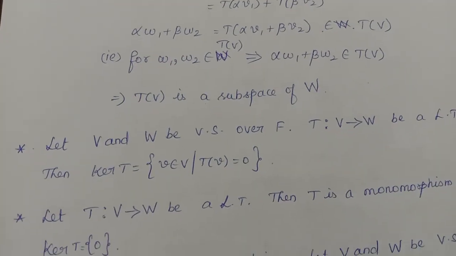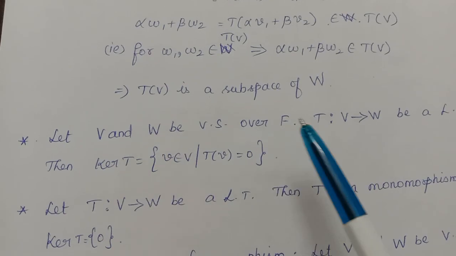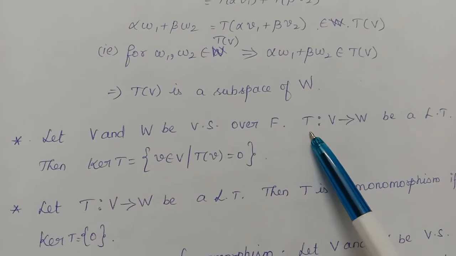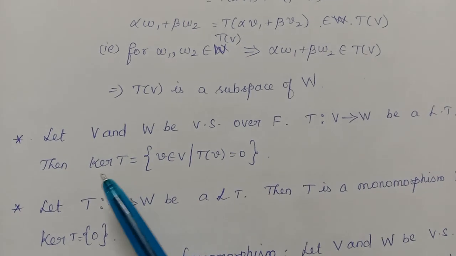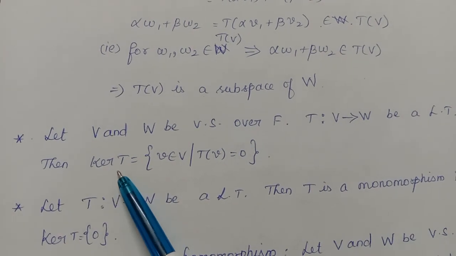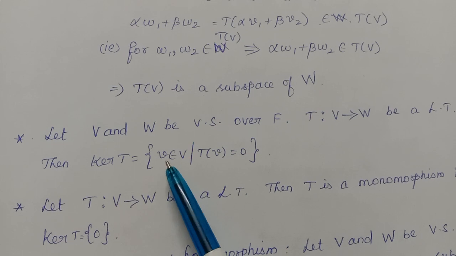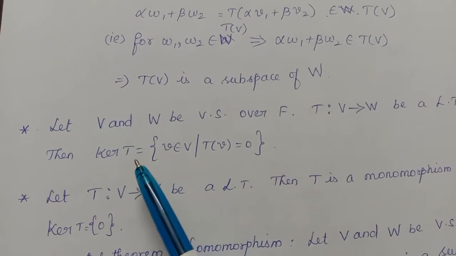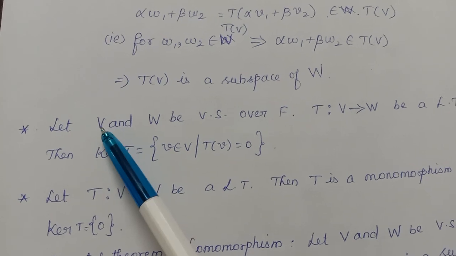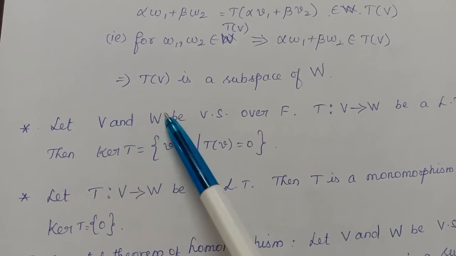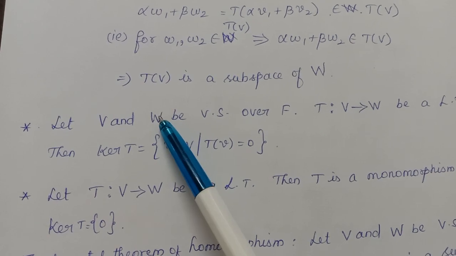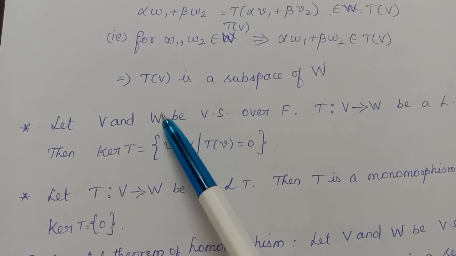Next one, if V and W are vector spaces over the field F, then let us take one linear transformation from V to W. The kernel of the linear transformation is defined as the set of all v belonging to V for which T of v equals 0. See, these two are vector spaces, no? Here the identity element is there, no? Since this is a vector space, this will be an abelian group with respect to addition.